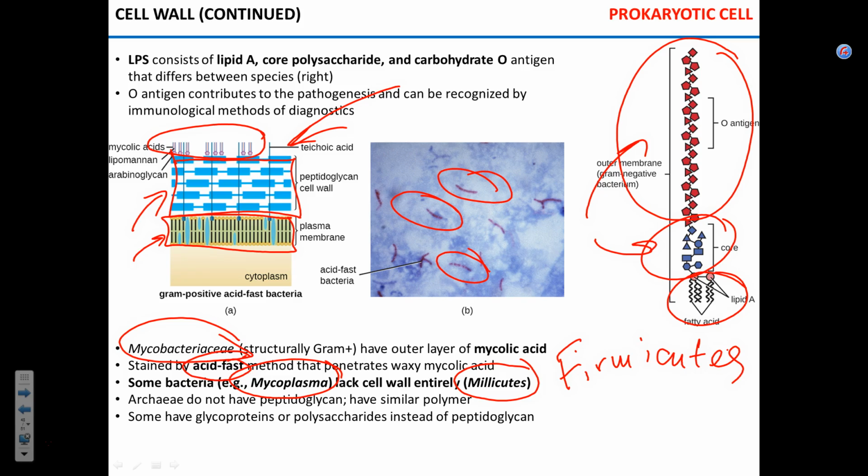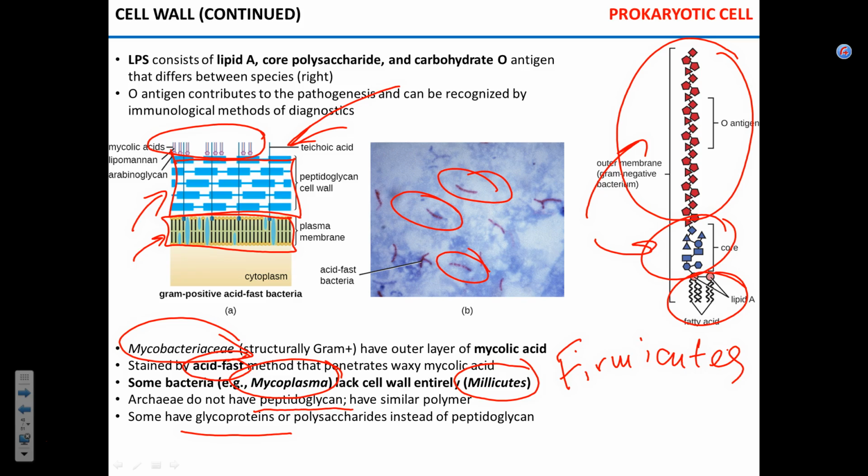Now, what about archaea? Well, they do have a cell wall, but this cell wall does not consist of peptidoglycan. They have other types of polymers, although similar. Glycoproteins. Well, what would be the difference between peptidoglycans and glycoproteins? Seemingly, they consist of the same stuff. When we say peptidoglycan, which molecule takes more space?